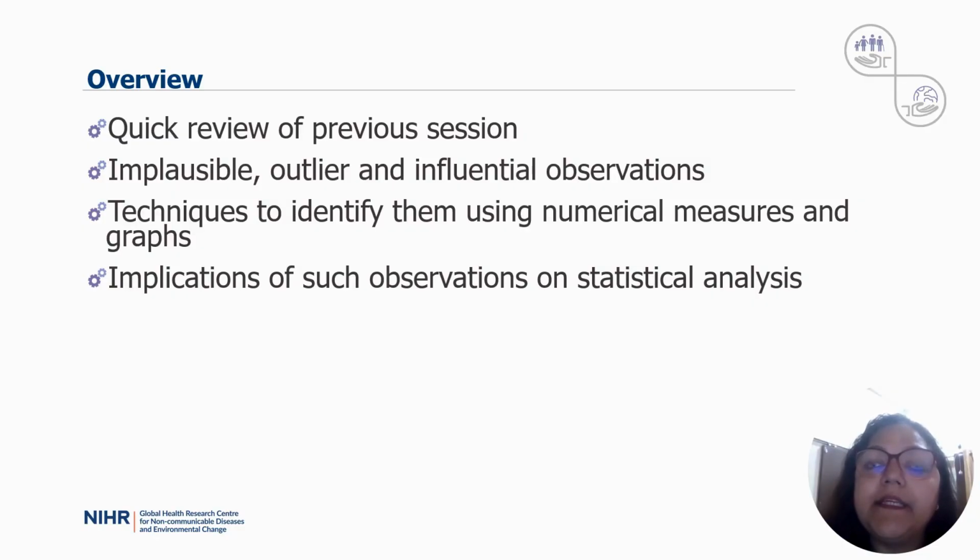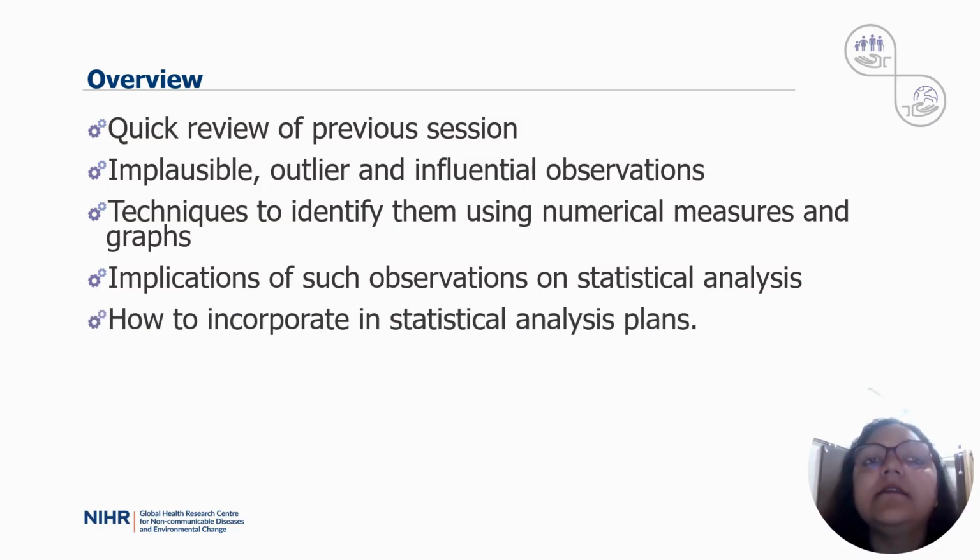We will study implications of such observations on statistical analysis tools that are available to us. And in part 2, we will look at how to incorporate them in statistical analysis plans for our main study.